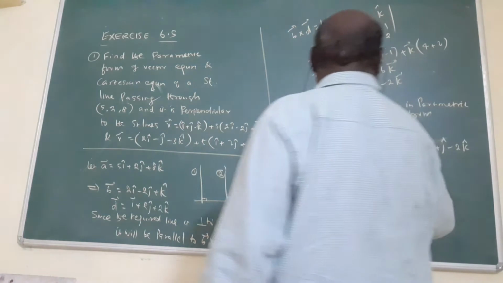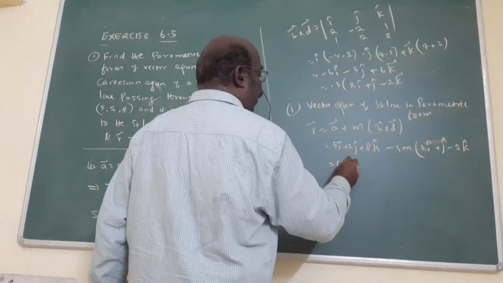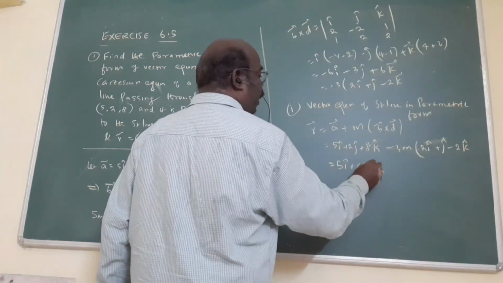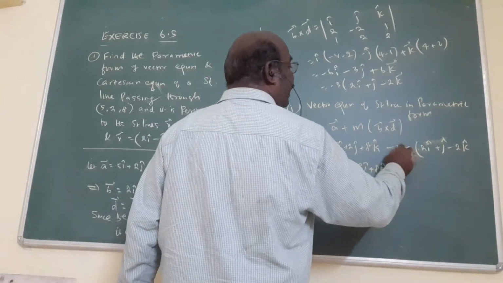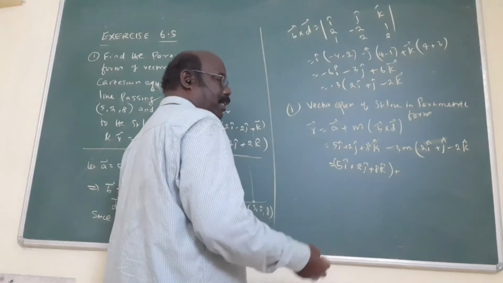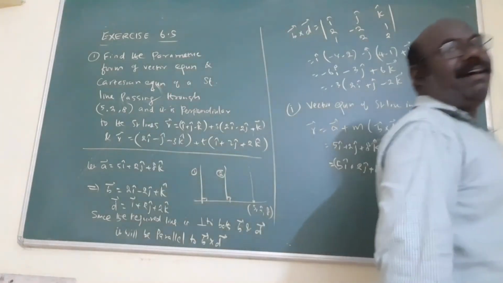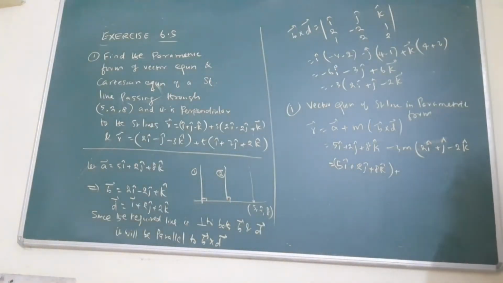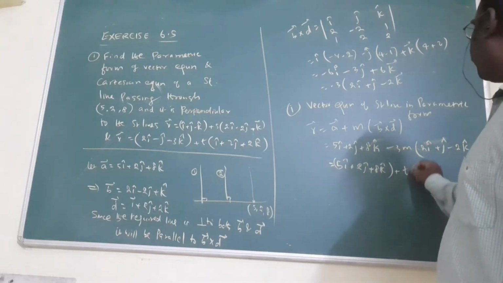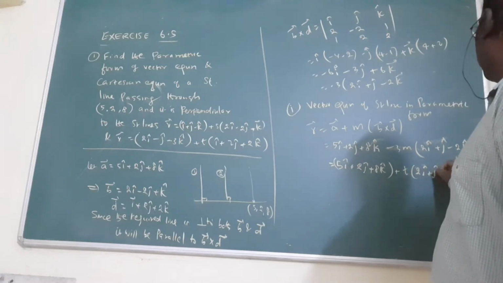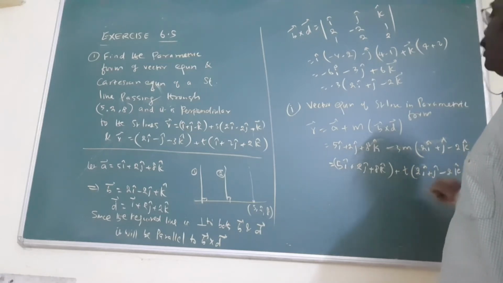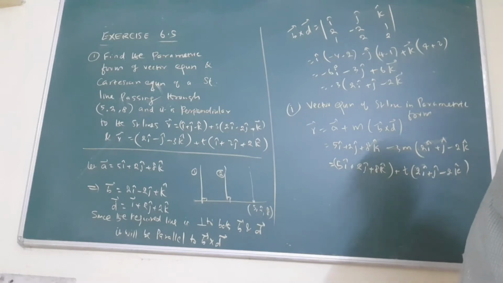Now again 5I cap plus 2J cap plus 8K cap, minus 3M is one scalar, so you put some other scalar, T or S. This is the vector equation in parametric form.